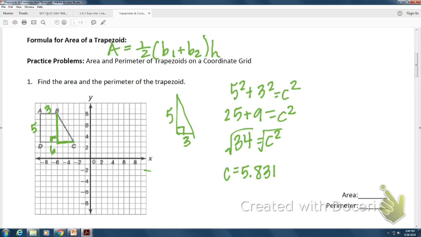Yes? Okay. So this is 5.831. So what would be the perimeter? 5 plus 3 plus 6 plus 5.831. 19 point what? 831. Do we agree?